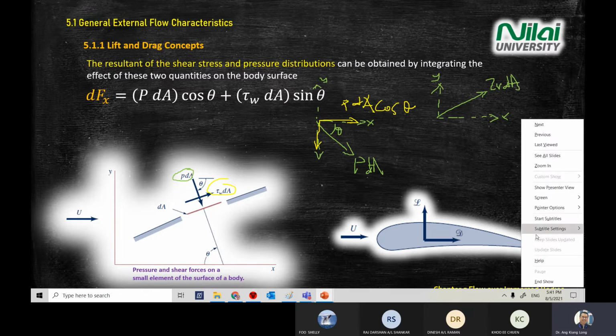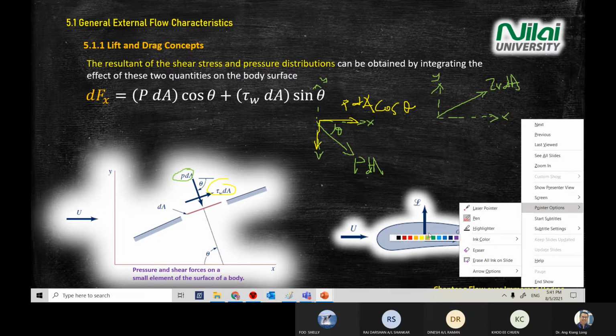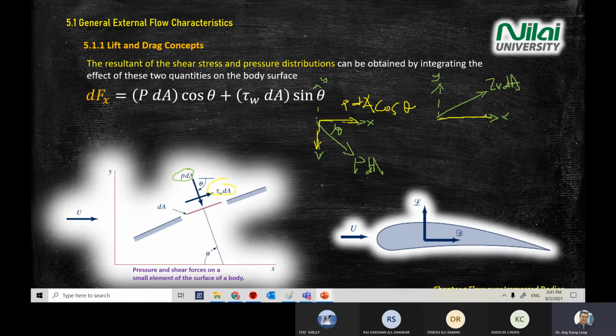So you need to split this one into X and Y also, with theta. Okay. Theta. No, it should be, let me see here.